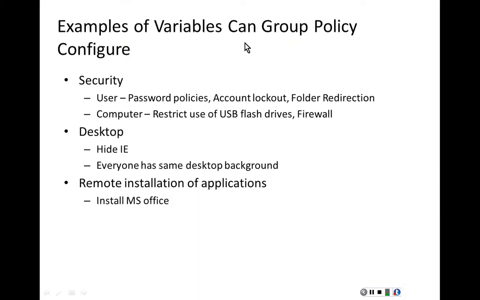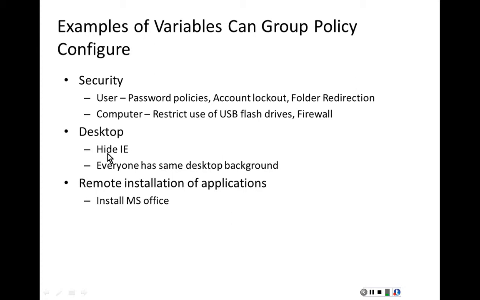So some examples of variables that group policy can configure include user security parameters such as password policies, account lockout, or folder redirection, or computer security parameters such as restricting the use of USB flash drives or configuring the firewall.